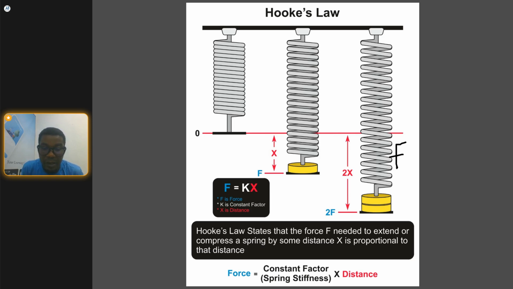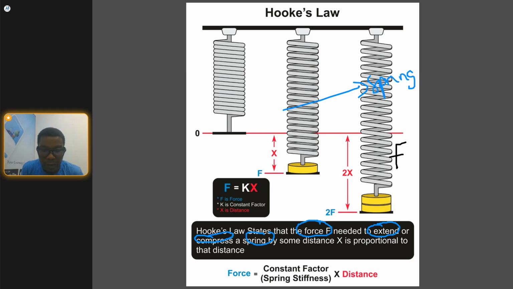So he said that the force needed to extend, take note of the word extend, the force needed, that's the key word, to extend or compress a spring. So what we have here is a spring.